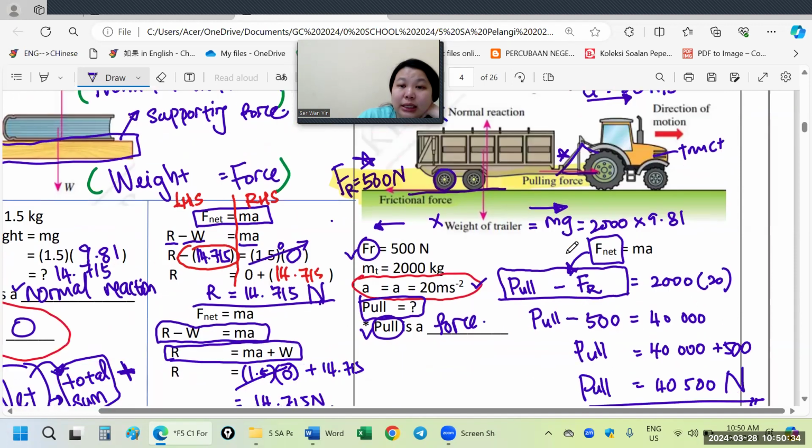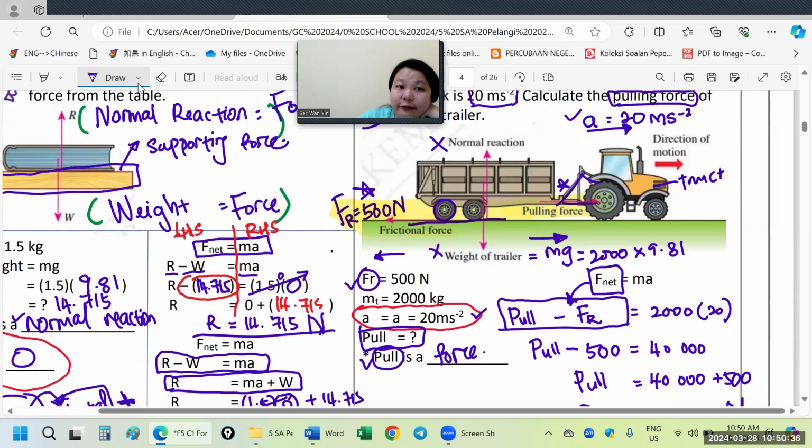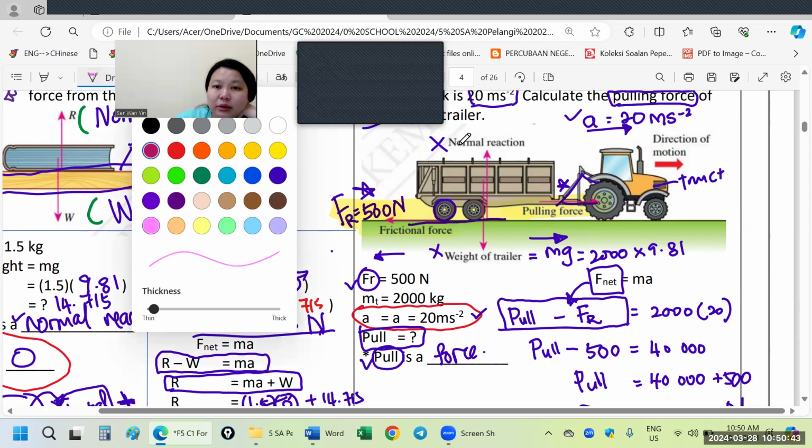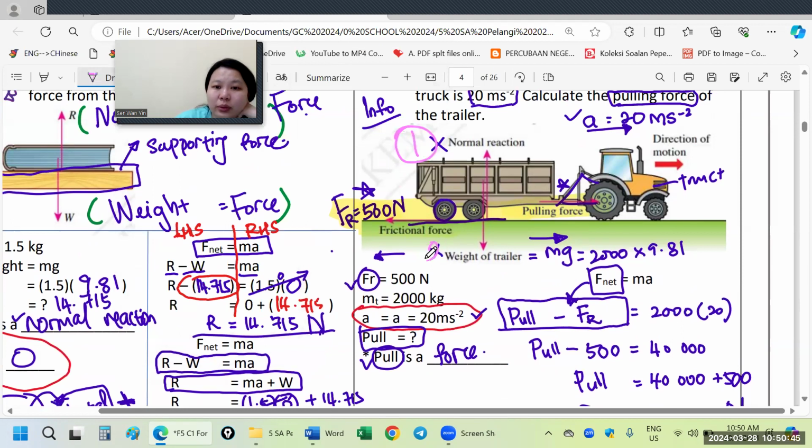Okay, so actually here we are given four forces: normal reaction, weight, frictional force, and pulling force.